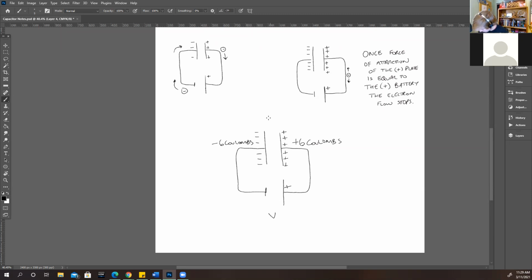Once it's fully charged, the potential difference across the two plates, V, is the same as the potential difference of the battery. I made it sort of represented by having them right above each other. So potential difference.